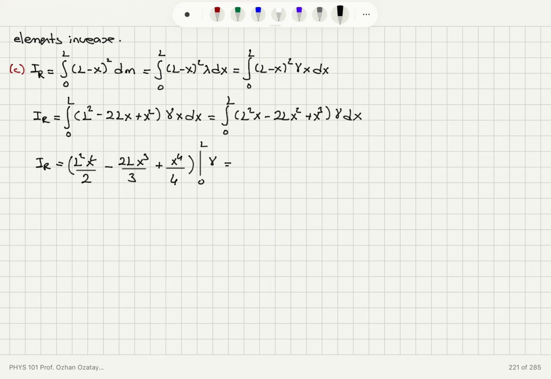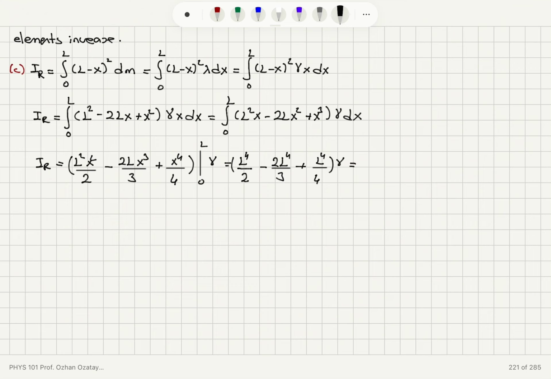So this will give us L squared multiplied with L squared over 2, L to the fourth power divided by 2, minus 2L times L cubed over 3, so 2L to the fourth power divided by 3, and finally x to the 4 over 4 becomes L to the 4 over 4. Evaluated at 0, all the terms will give 0.